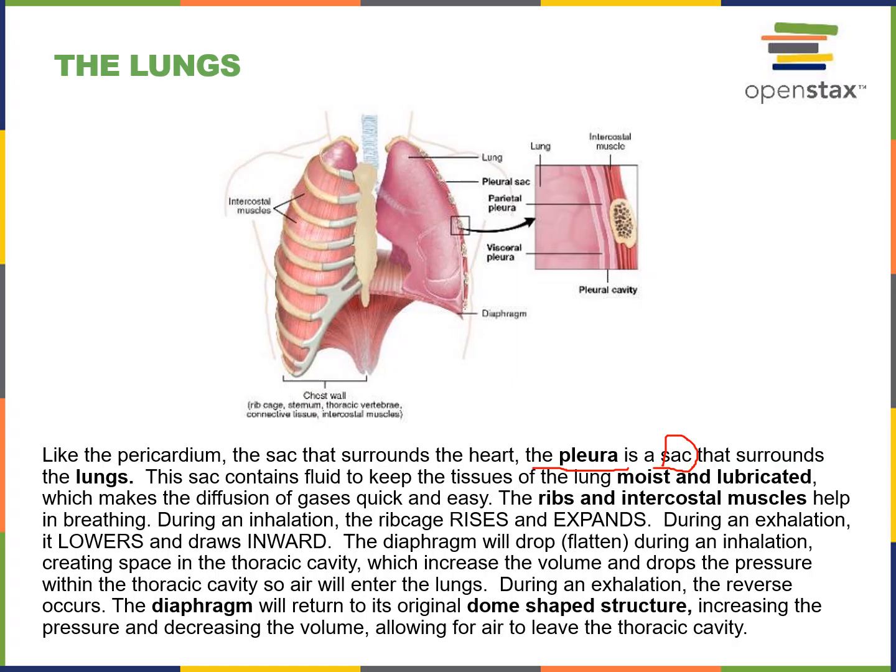And this membrane has a bit of fluid so that it keeps the lung moist and lubricated. It also means that as the lung expands and collapses, you know, with breathing, there is less friction.